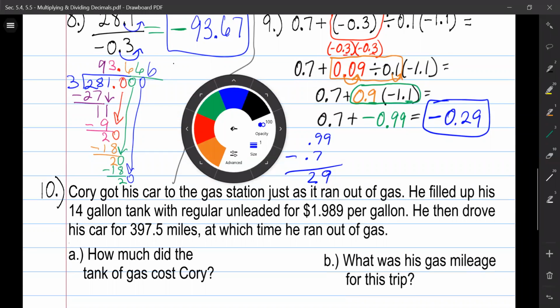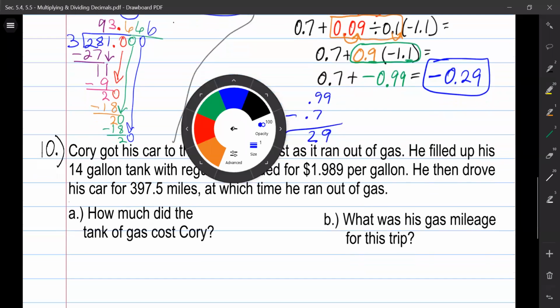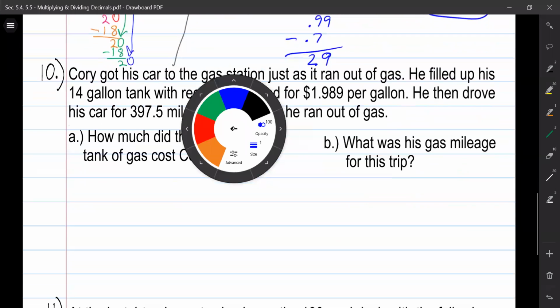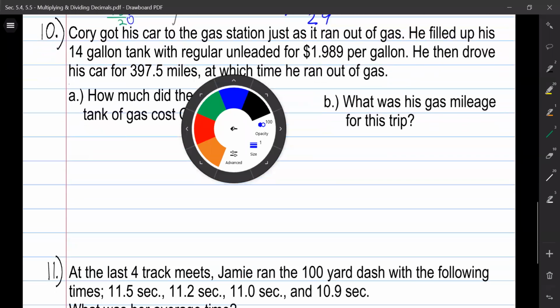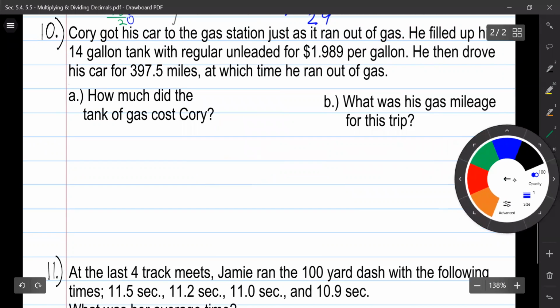All right, and he then drove his car for 397.5 miles, at which point he ran out of gas again. So how much did the tank of gas cost? Okay, so he got 14 gallons for 1.989 a gallon. So we have to multiply 1.989 times 14.